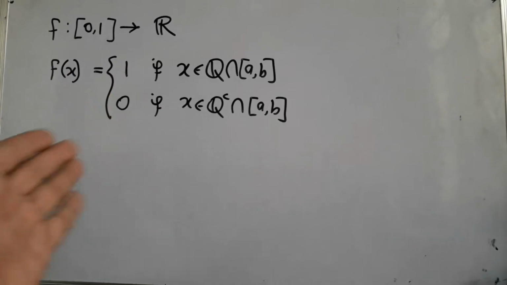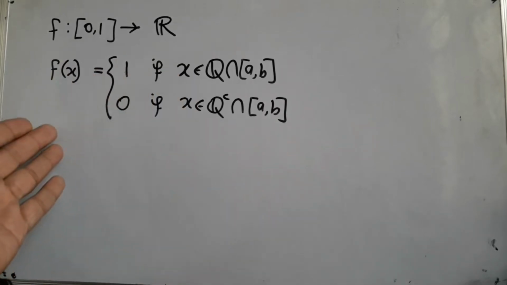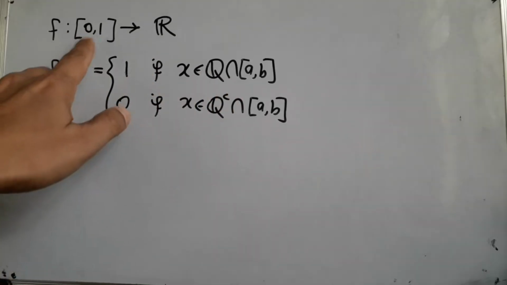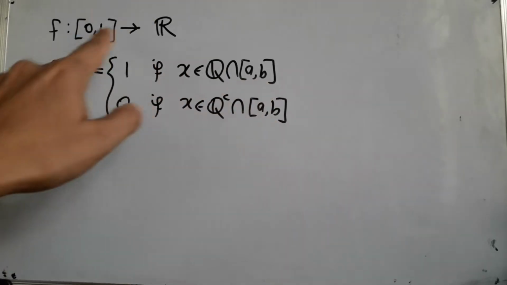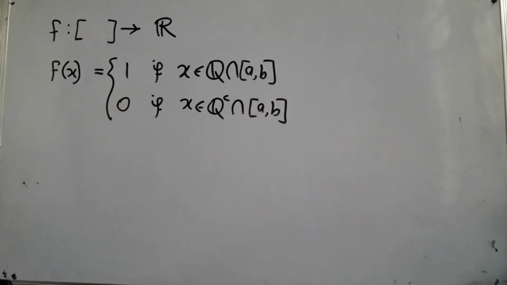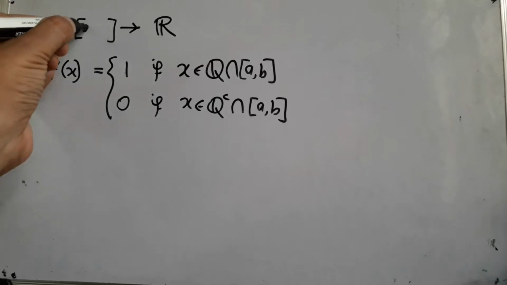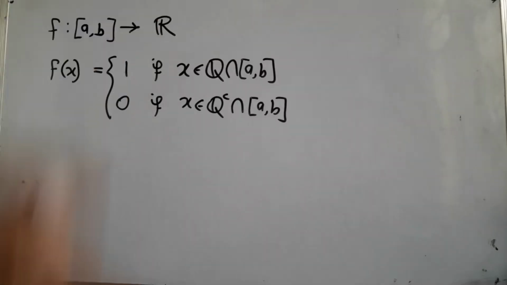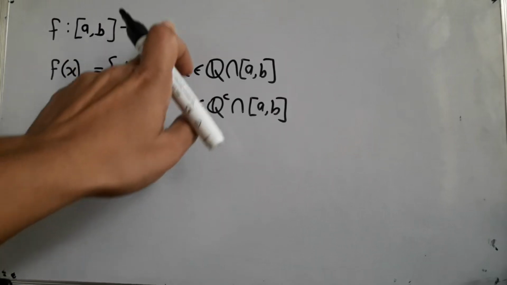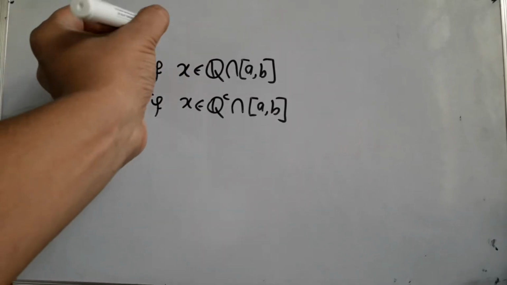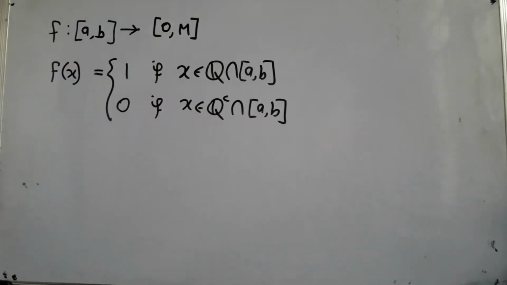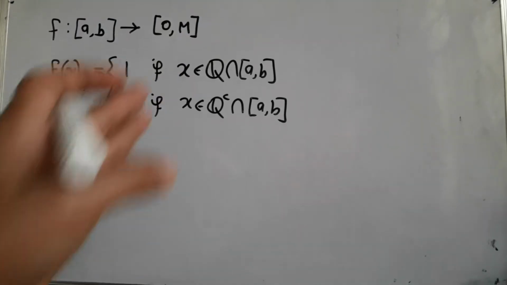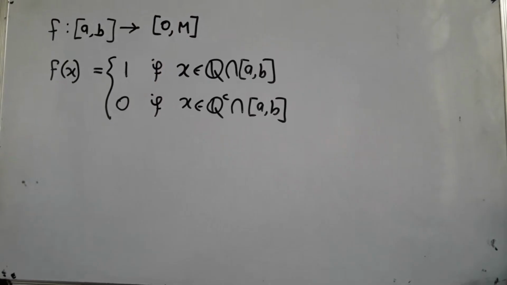Now any simple function must have this form. So let me just write down the general form. In this case I am working with 0 to 1. Incidentally, I have written AB here, I mean 0, 1. In general, indeed, I shall have A to B to R, and we shall not just work with R, we shall work with bounded functions, so 0 to some m, so positive bounded function, m is some upper bound.